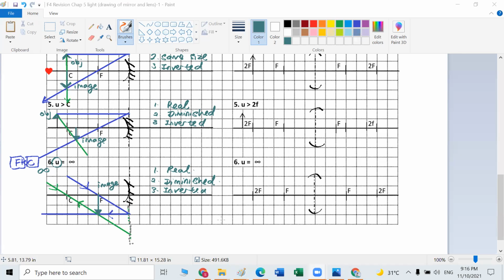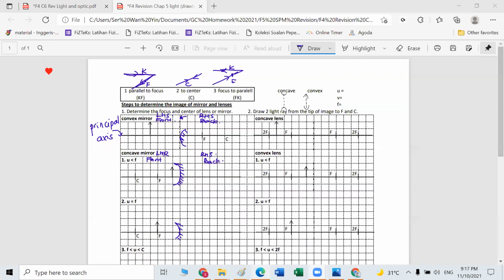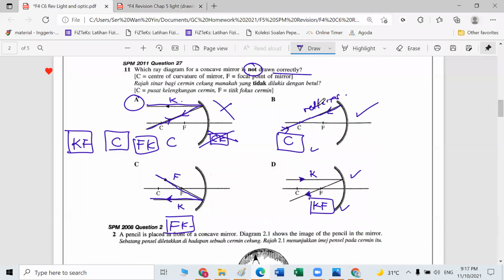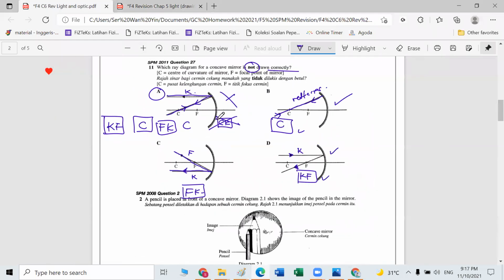I give you 1 more minute, finish this. So this one, just how we already do, we already done.